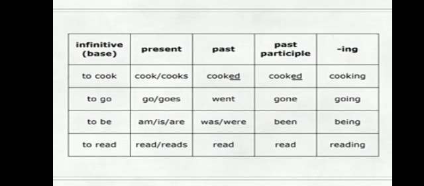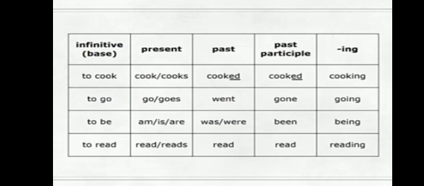Over here you can see the infinitive, that is the base form of verbs, like to cook. I have already explained to you the gerunds and present participle, but not the infinitive. Infinitives are basically the verb form that is used with the preposition to. Whenever the verb is used with to, that will be called an infinitive.